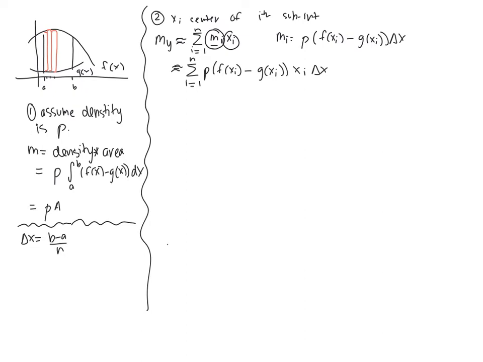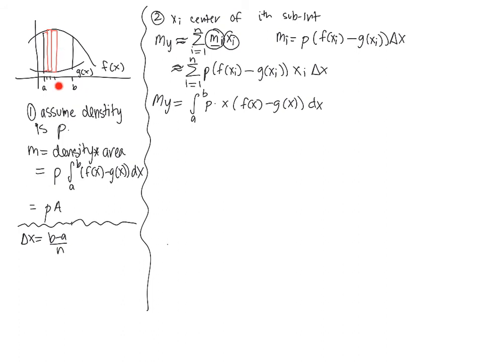But once we take a limit, we get this My exactly, and My will equal an integral from a to b of rho times x times f of x minus g of x dx. And that finds the center x value, which tells you, if you were to say take a flat sheet and move that sheet over, where you'd place it.